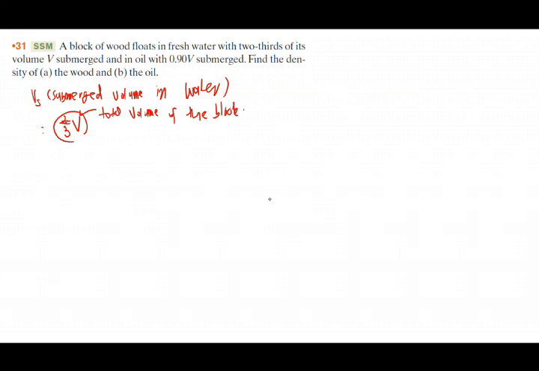So Archimedes' principle indicates that the density times volume in the ambient fluid is conserved. So the total quantity of density times volume should be the same as the total volume times the density of the material itself in the fluid.